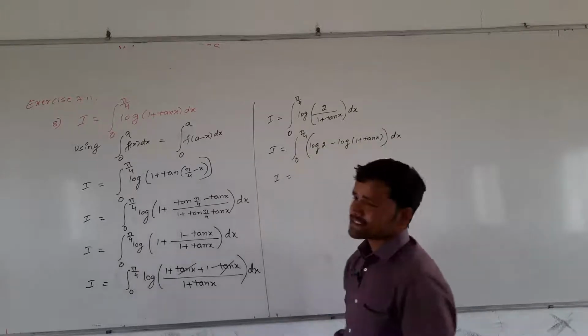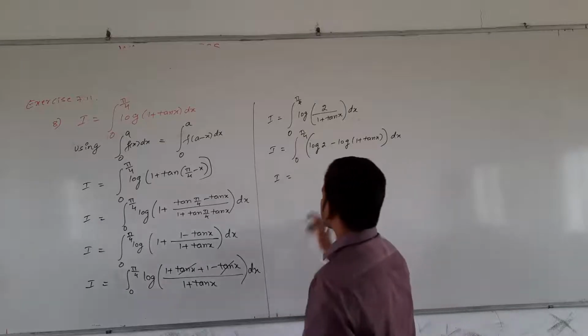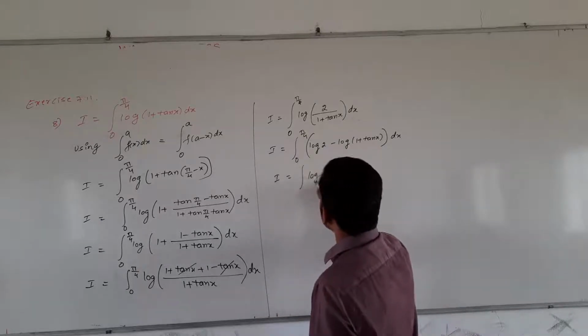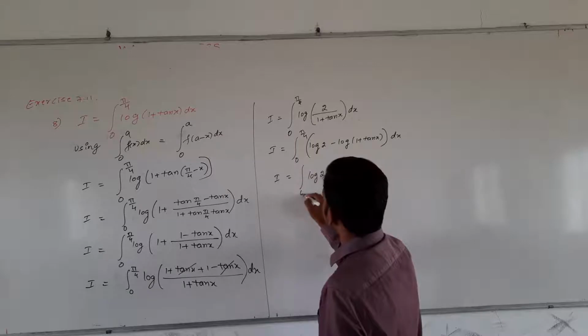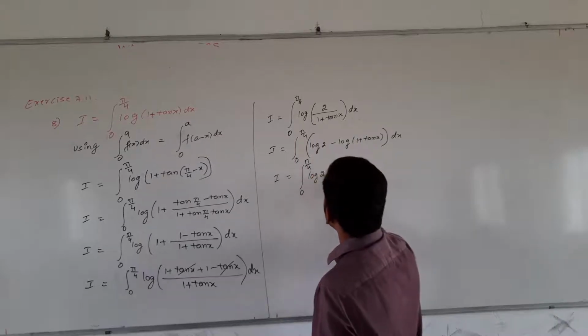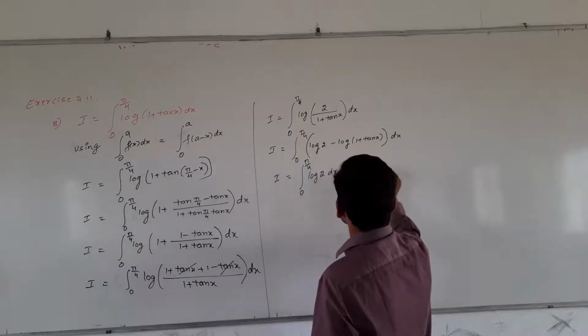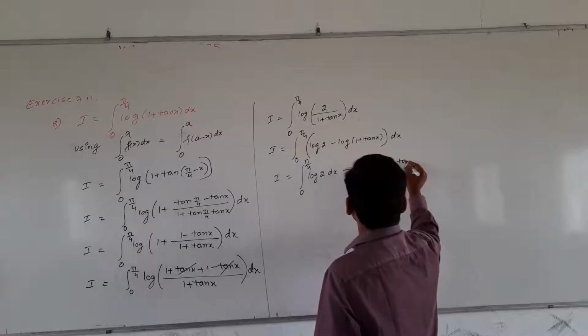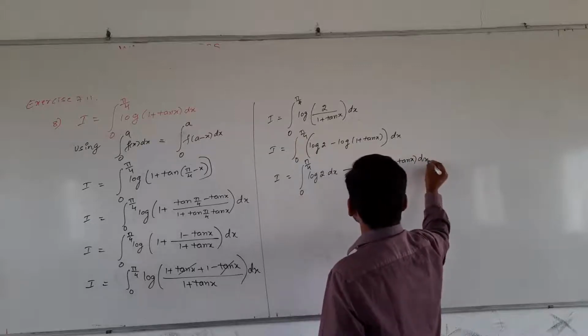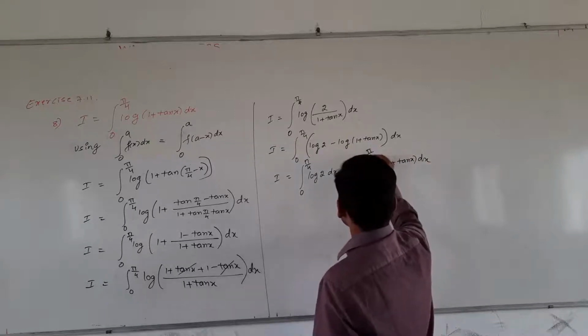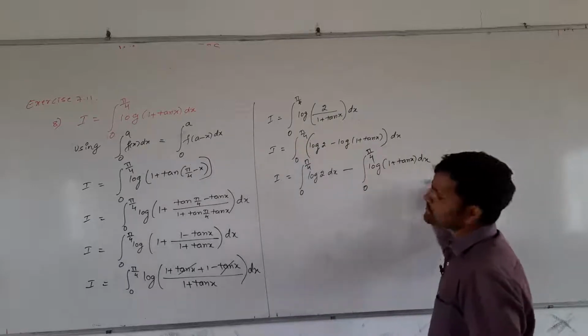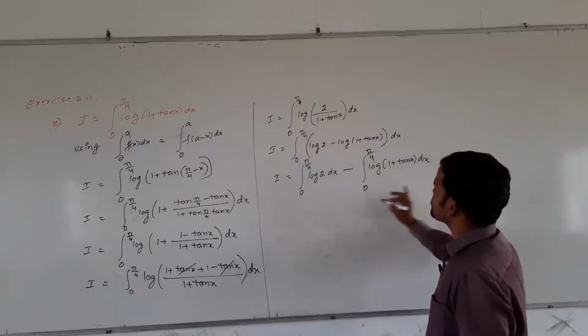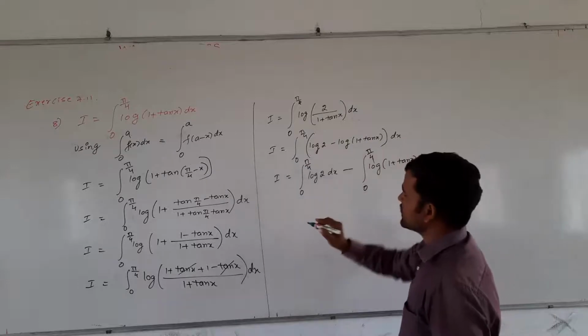Now let me write it as a sum of two integrals. First integral is integration of log 2 with respect to x from 0 to pi by 4. Second integral is integration of log of 1 plus tan x with respect to x from 0 to pi by 4. In the second integral you observe, 0 to pi by 4 log of 1 plus tan x is nothing but I.